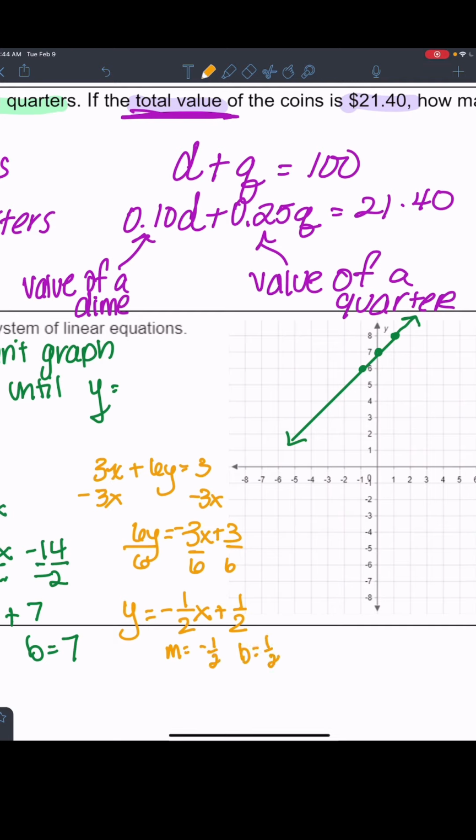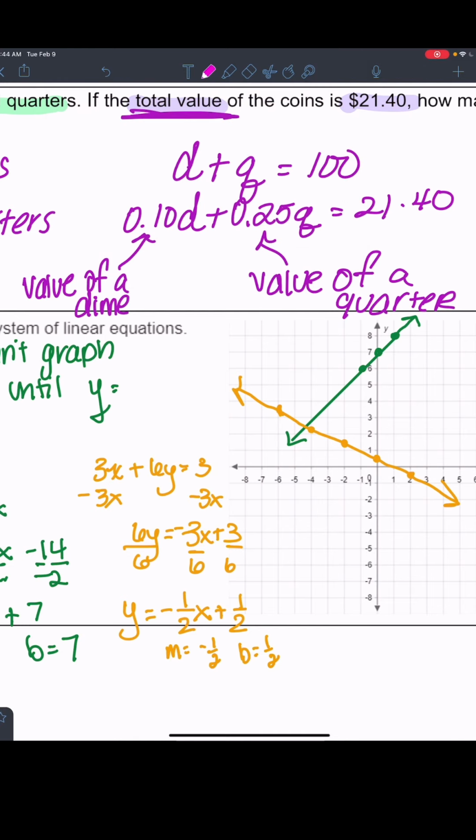That means I'm going halfway. This is my y-intercept. But when I go down 1, I have to go all the way to the same point and over 2. So I'm in the halfway marking. Up 1 over 2, go up 1 over 2. So right there is my intersection point.